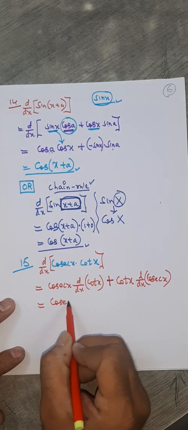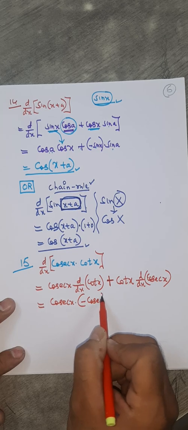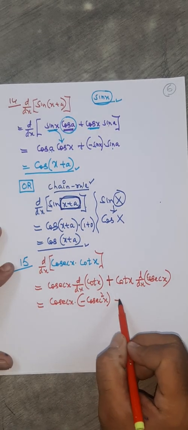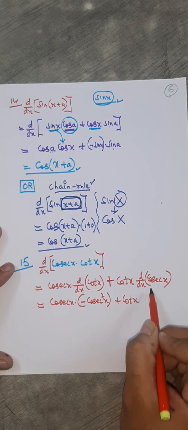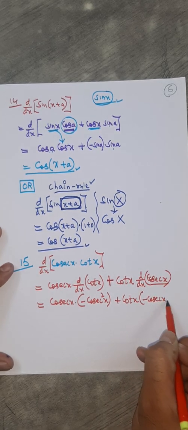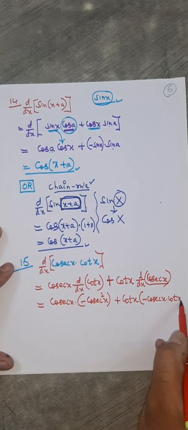Now cosec x as it is here, what's the derivative of cot? Minus cosec squared. What about this? Plus this cot as it is. Do you remember the derivative of cosec x? Minus cosec into cot. Whenever you have c, then always you have a minus sign.